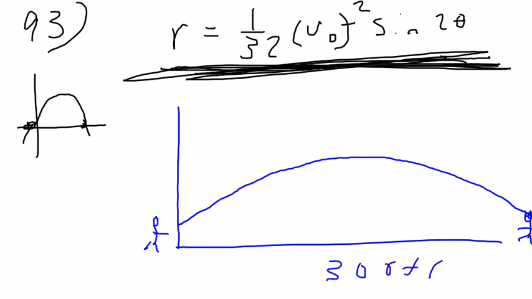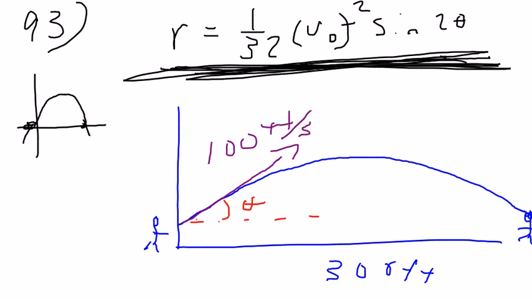We're trying to figure out at what angle this ball needs to leave the bat in order for, with a certain initial velocity, they give us as 100 feet per second, to go 300 feet.